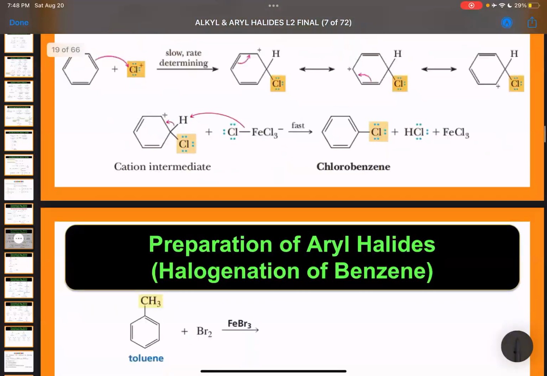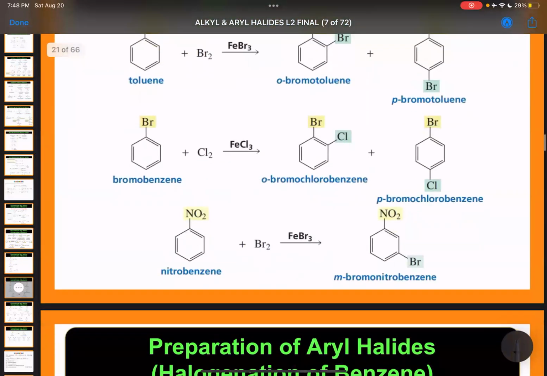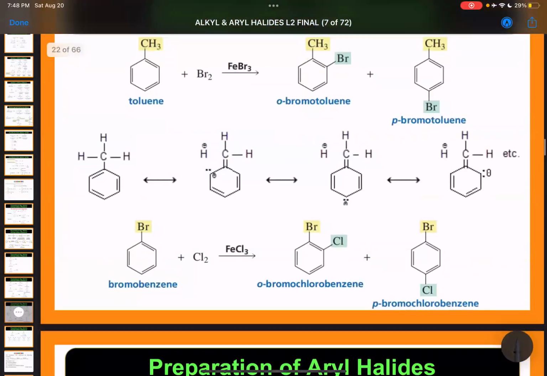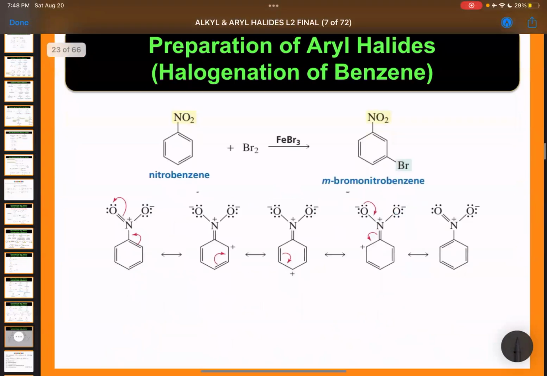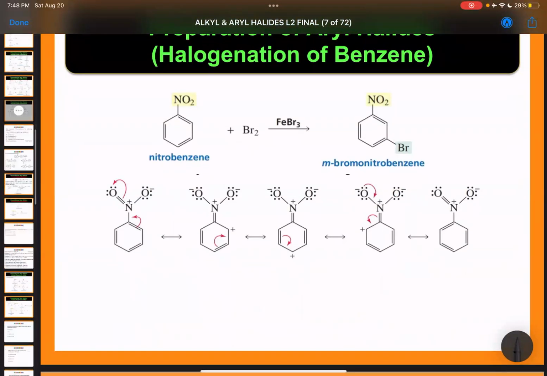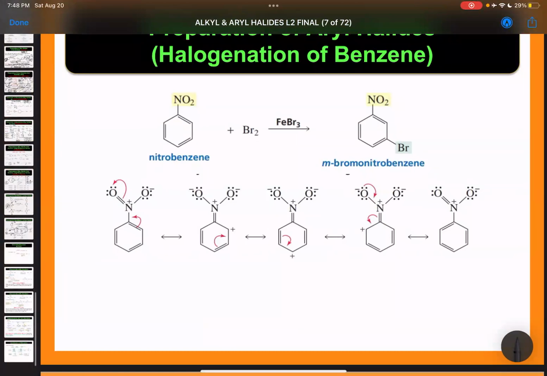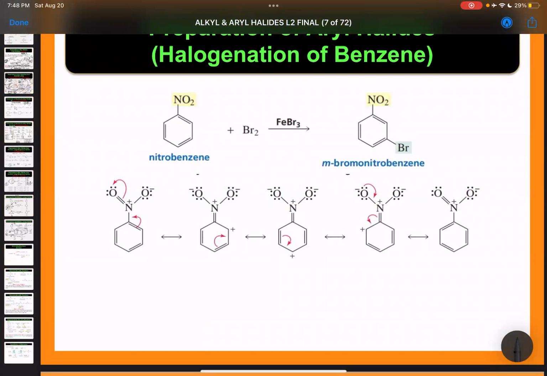Look here, these are the resonance structures which I have shown you earlier in the previous classes. Look how it is happening. Okay, but a little bit of practice you can do, though these resonance structures will come again.